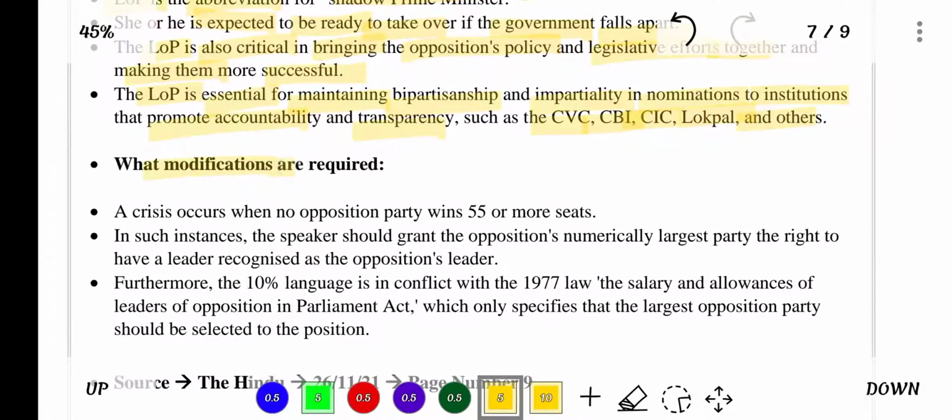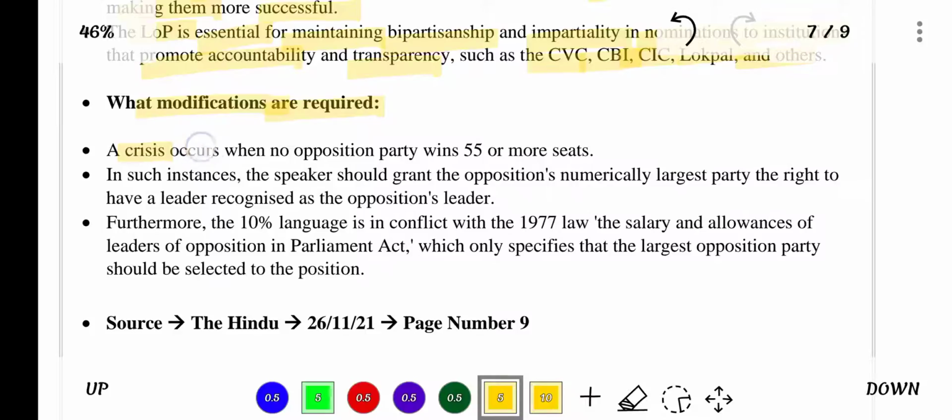What modifications are required? A crisis occurs when no opposition party wins 55 or more seats in the Lok Sabha. In such instances, the Speaker should grant the opposition's numerically largest party the right to have a leader recognized as the opposition's leader.